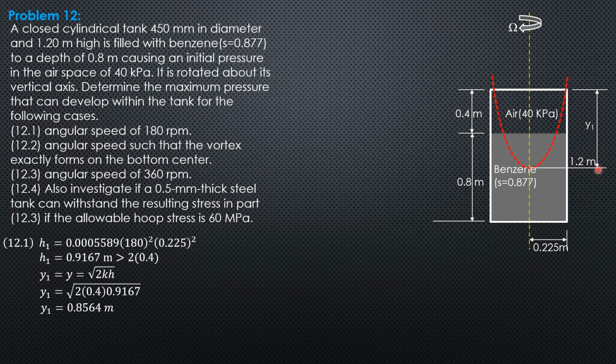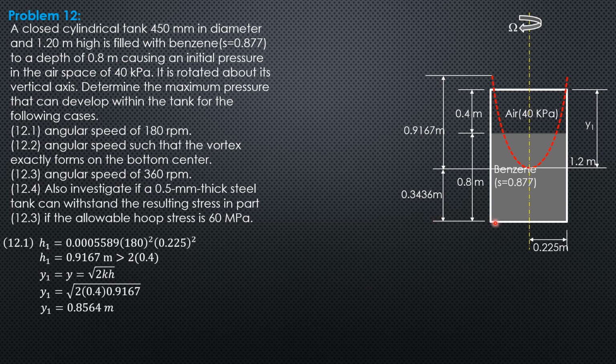If y1 is 0.8564 meter, then the distance to the bottom center is 1.2 minus 0.8564, and that would be 0.3436. Therefore, the total depth from the surface with pressure 40 to the bottom is the quantity 0.9167 plus 0.3436.